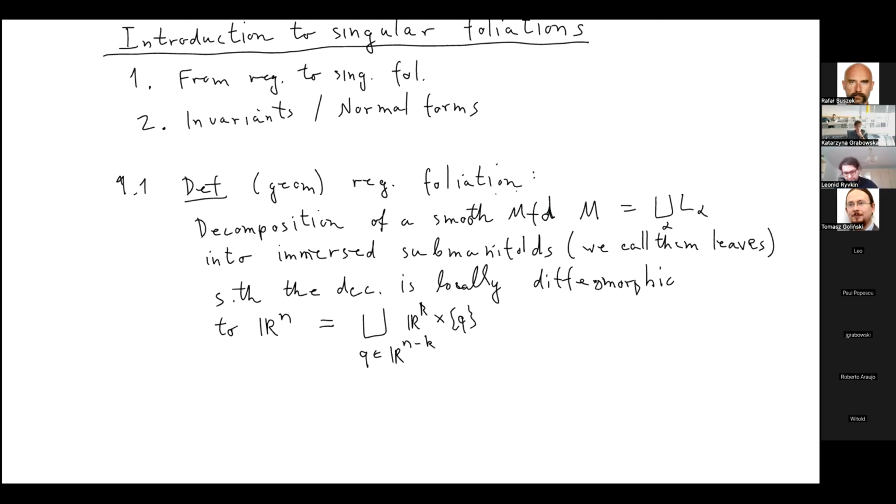Okay, so we say that locally we want a foliation to look like this.